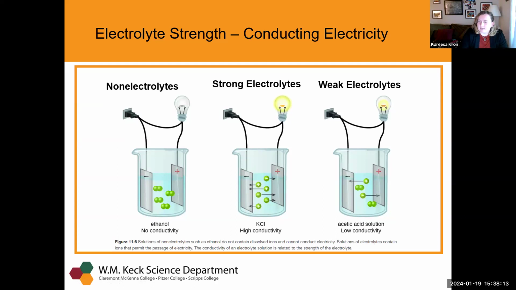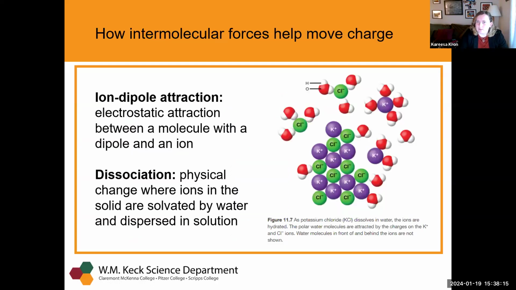And so what's happening in terms of the intermolecular forces for these systems? If we put something in water, like sodium chloride, or in this picture, potassium chloride, the ions and the dipoles of the solvent it's being dissolved in have electrostatic attraction that allows the waters to solvate the ions and pull apart the physical block that was the solid or the material before.